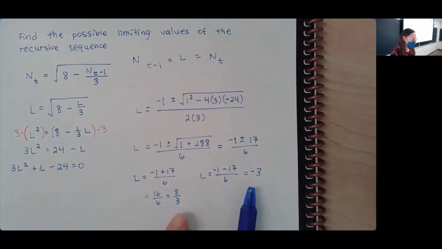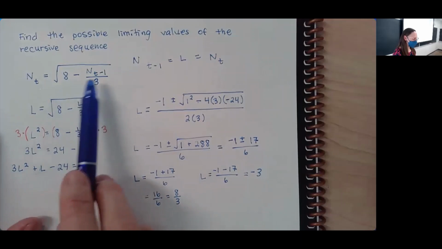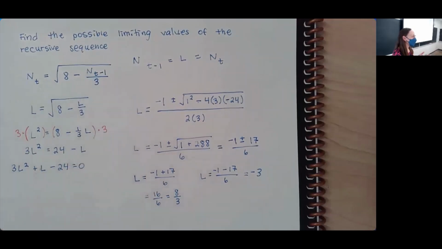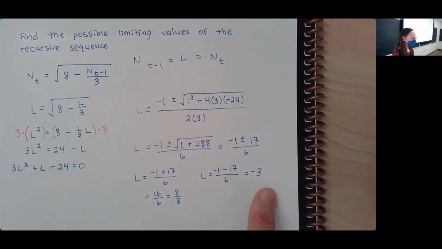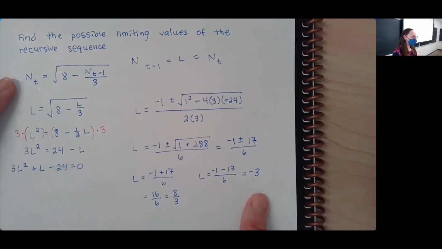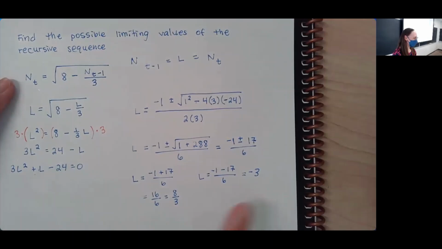But if I gave us a starting value and we actually looked at the numbers coming through the sequence, they would either be going to 8/3 or they would be going to negative 3. But can someone tell me why I know we can't be going to negative 3 based on the function? Yeah, we can't have a negative.